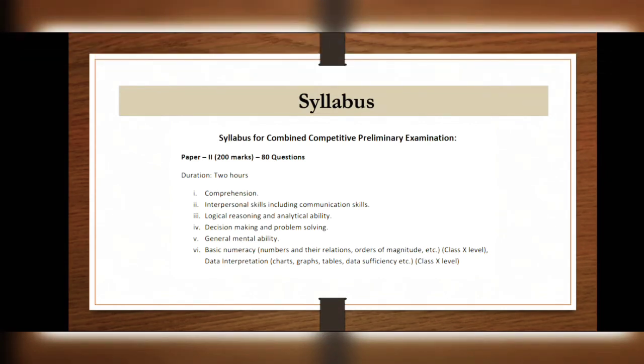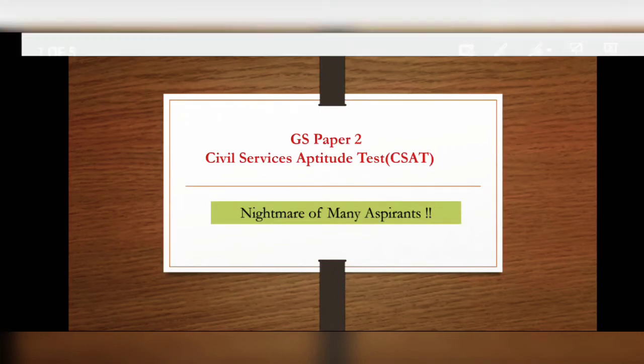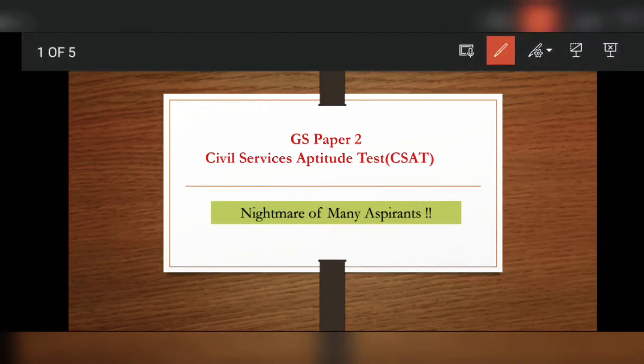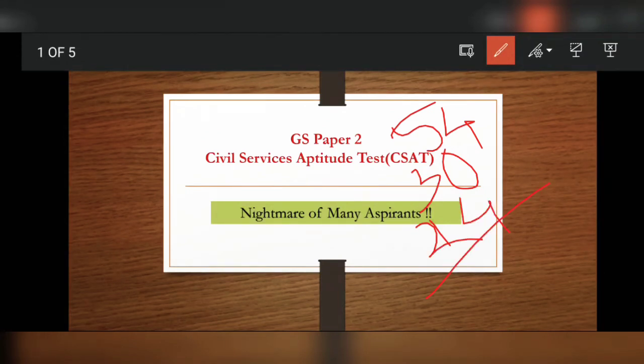I attempted nearly 54 questions, out of which around 30 questions were from quant, that is mathematics and numerical ability, and around 24 questions were a mix of English and general comprehension, general mental ability and logical reasoning.